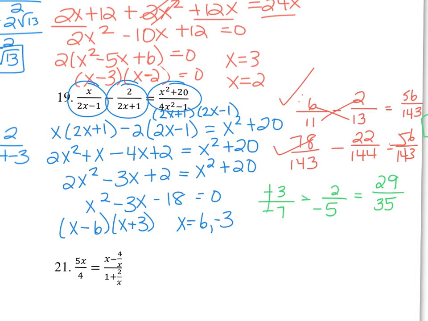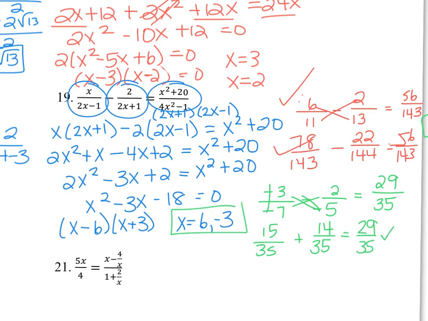So these all cancel out to positive. So that's going to be 15 over 35 minus 14 over, nope, that's a plus because they cancel out, over 35 equals 29 over 35, which they do. So both of these are solutions.